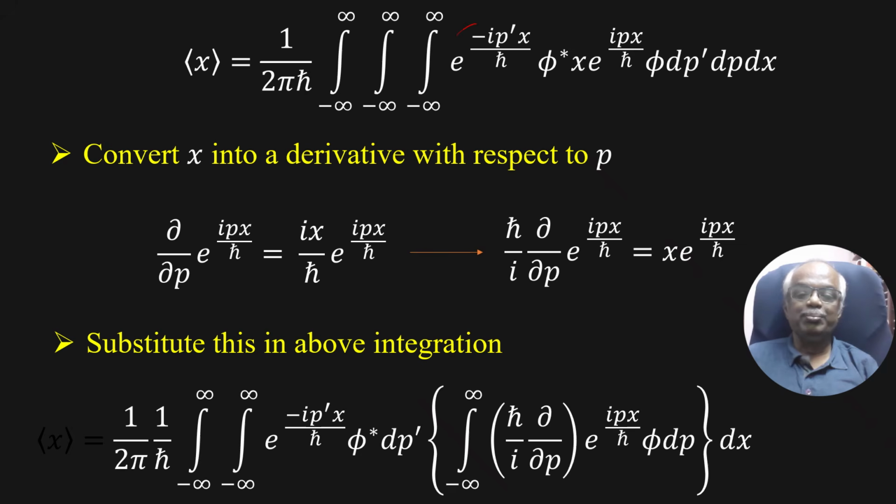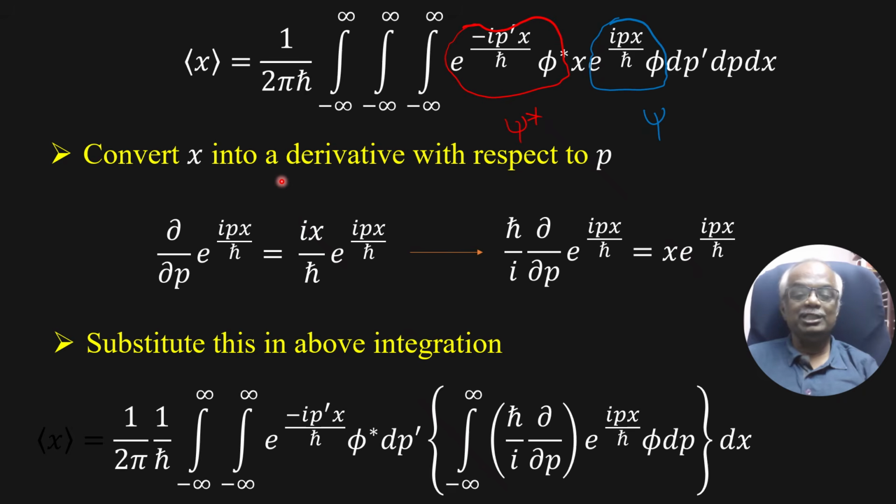Here the first term is phi star of p prime, this term is phi, and you have x here. So we are going to integrate with respect to p prime and x.